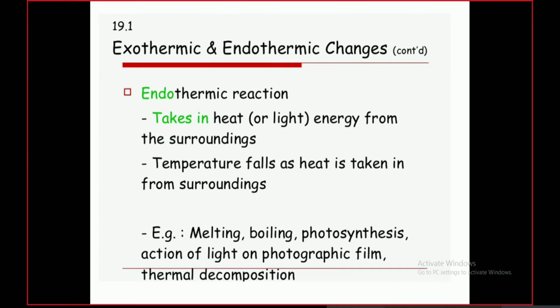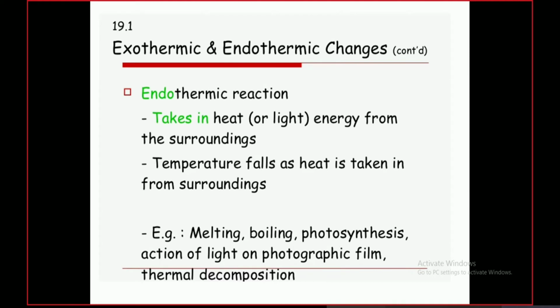That action of light is basically acting on the silver chloride in the photographic film. So the light is actually being absorbed to carry out that chemical reaction. That is an endothermic change.